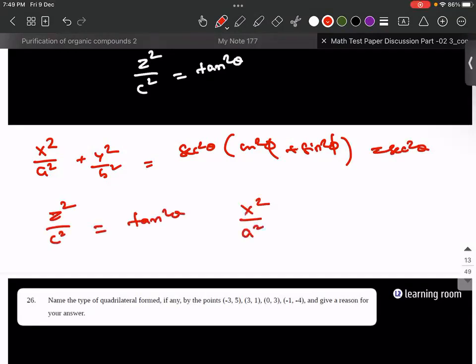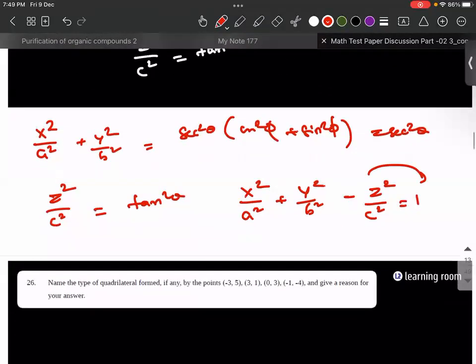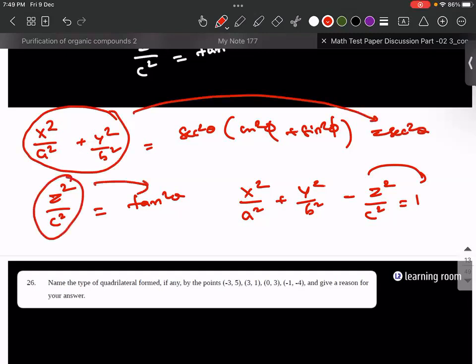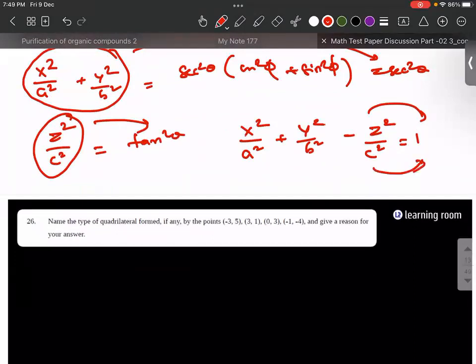So x square by a square plus y square by b square minus z square by c square is equal to 1. Take this to the other side, it becomes 1 plus z square by c square. Got it? This is secant square theta, this is tan square theta. We know that secant square theta minus tan square theta is 1. So subtract both and we'll get it.